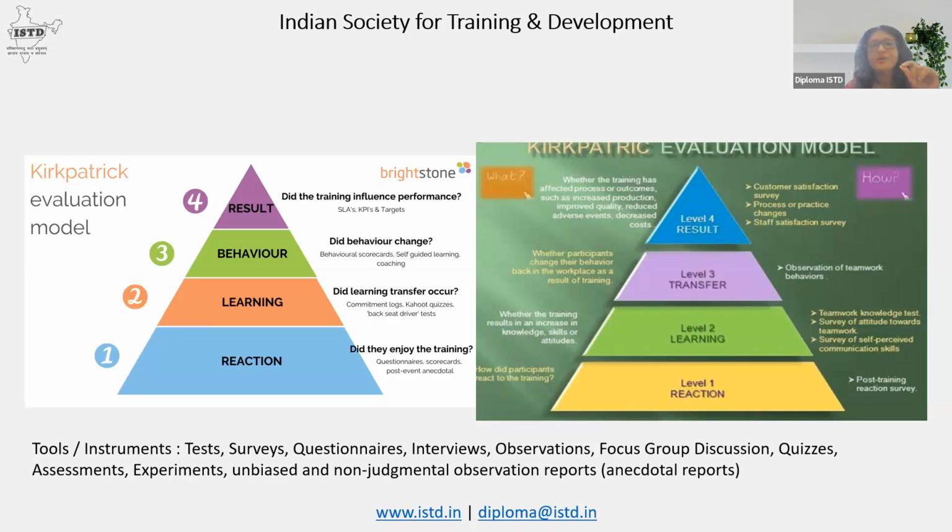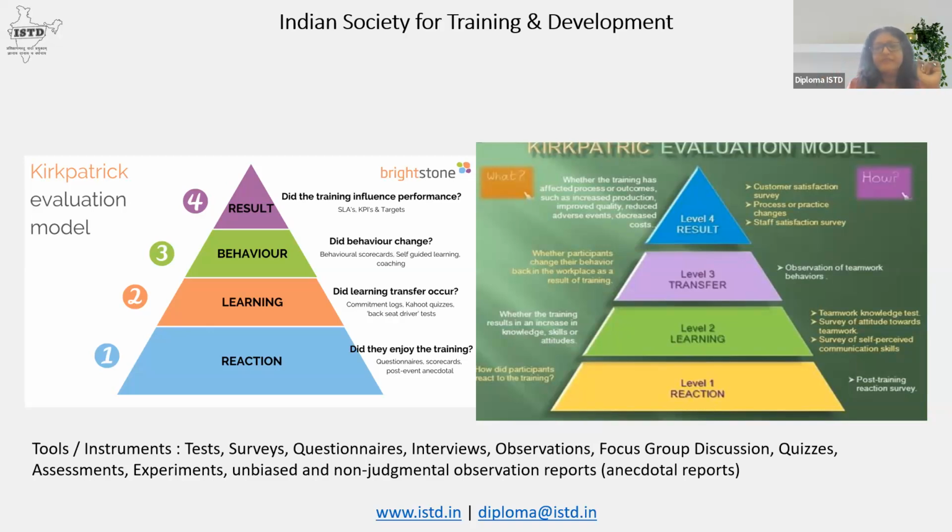Here we are talking about the delta change which has happened, in terms of reduction in the number of adverse events or decrease in the cost or increase in production units and so forth, or sales increase before and after, or getting the old customers back before and after. Again, these are all metrics, the result evaluation. So this you will do at level 4.